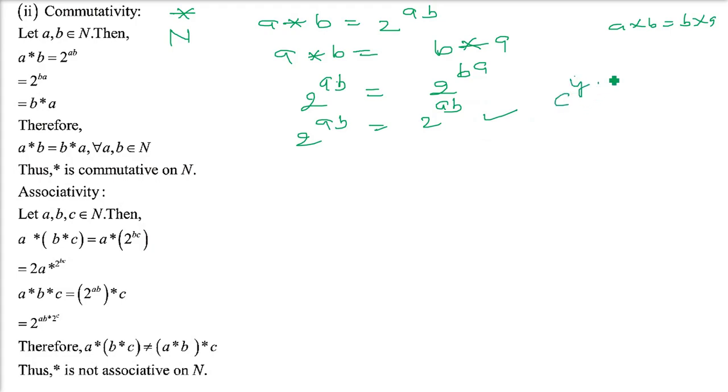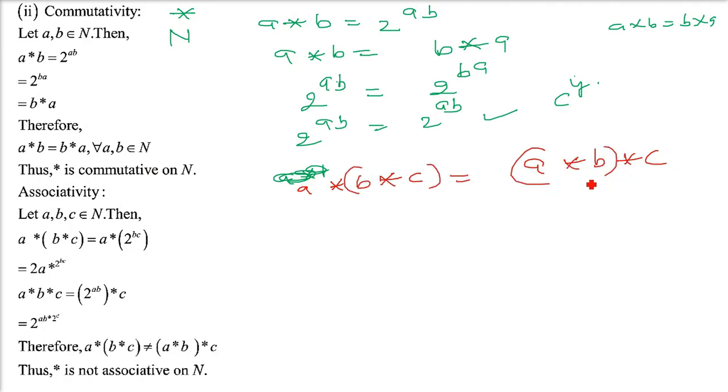Now coming to the next property, which is the associative. Okay, let me change the color. A star B star C equals A star B star C. We'll do B and C first, and then A, B later.